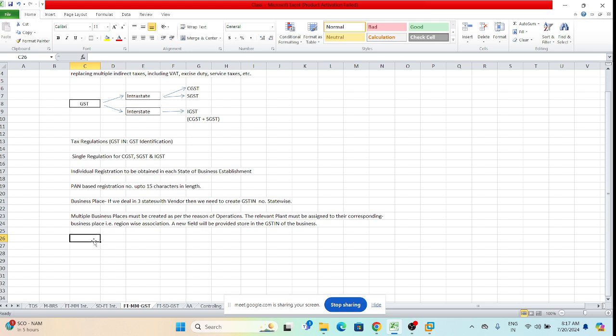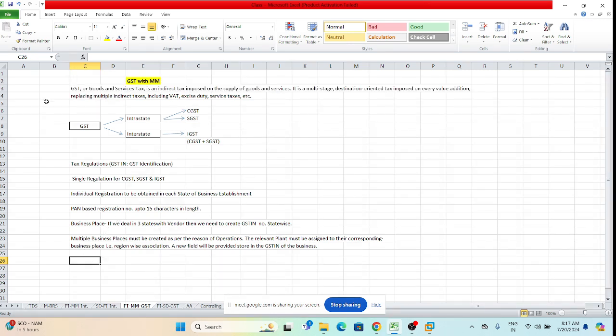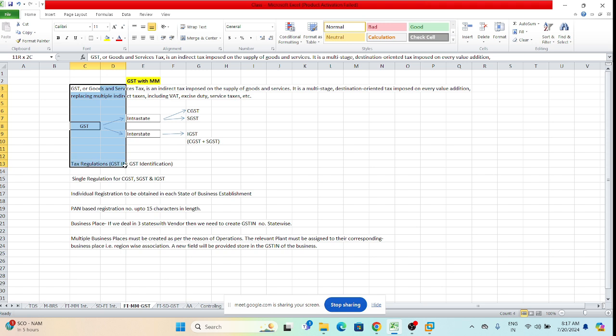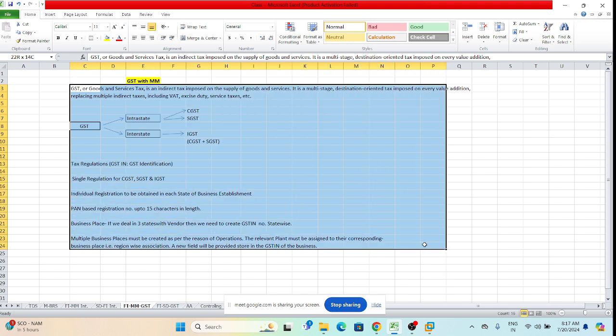But suppose Dilip business is there, or a small furniture business, or a big business. They have to pay GST to their supplier, and they have to collect the GST from the customer. Very simple concept.